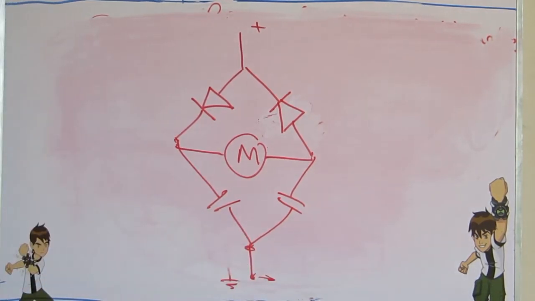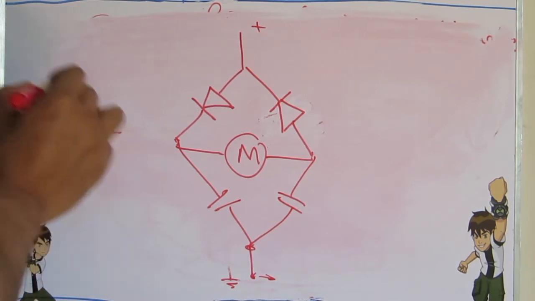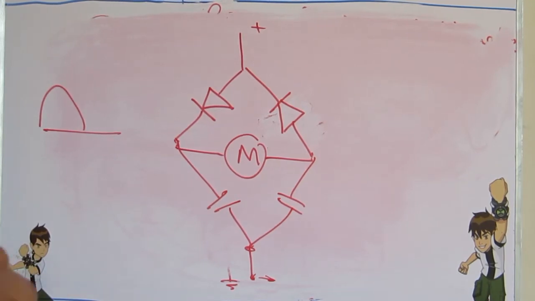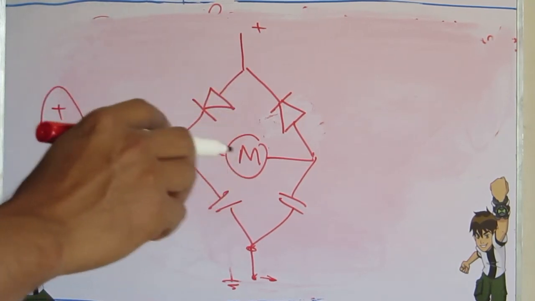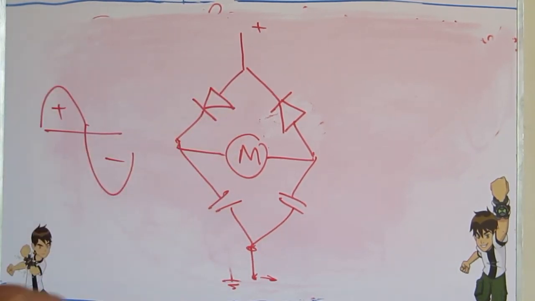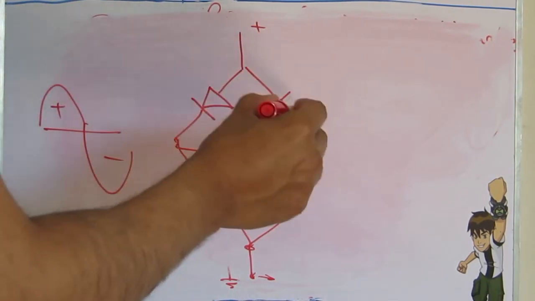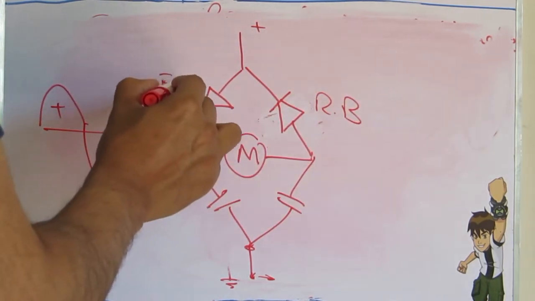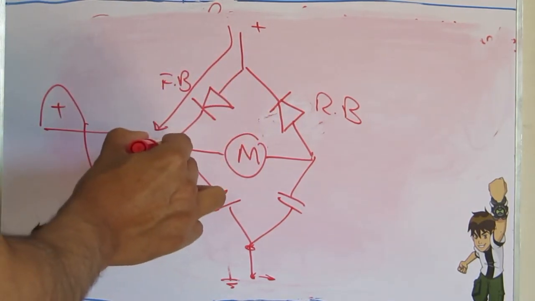Now what will be happening? During the positive input peak, when the input signal is positive, you will be getting a positive peak at V0, or maybe a negative peak at V0. Alternating, you will be getting a positive and then a negative, and then a positive again. So when there is positive voltage around here, this diode will be reverse biased, this diode will be forward biased, and the current will go through this point up till this point.